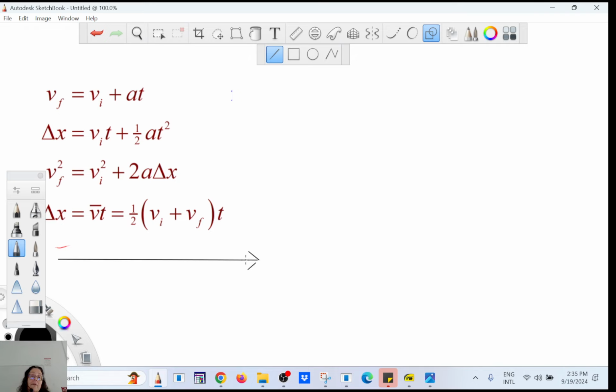Along the x-axis, at a given time, you have the position on the number line. The x sub 0 is when you start the stopwatch. In that case, you have an acceleration.